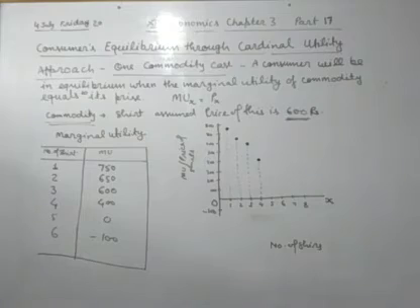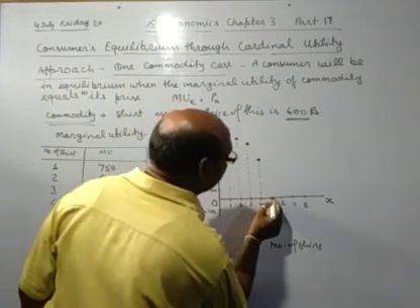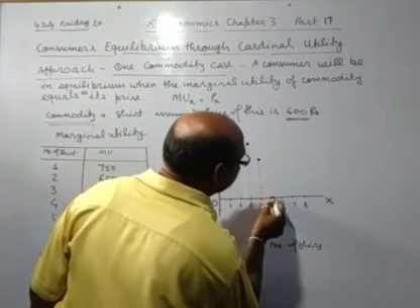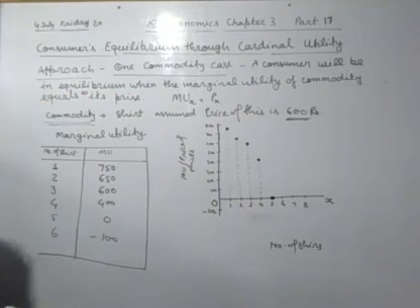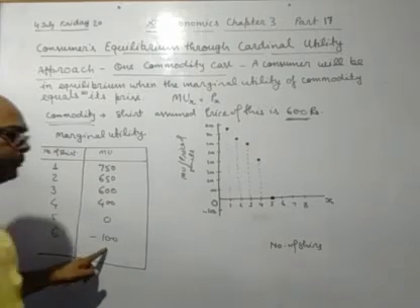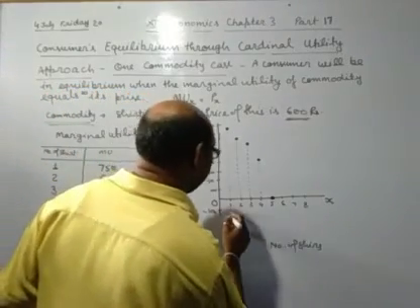For the fifth, only 0, because you have already purchased four. And for the sixth, you are ready to pay minus 100.